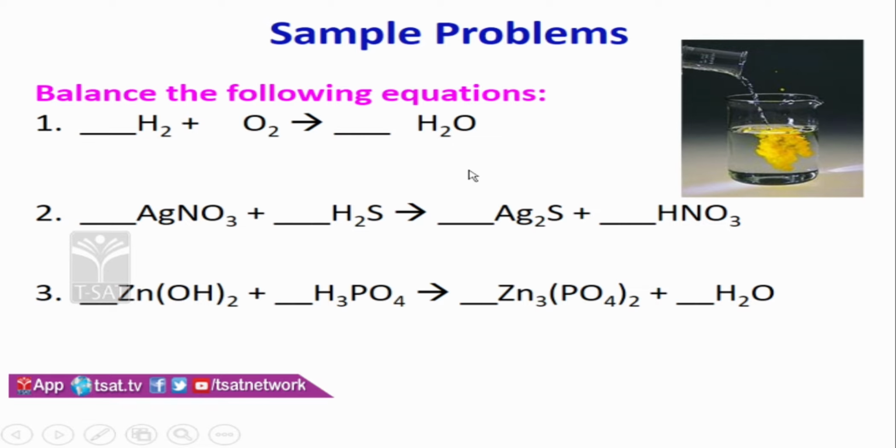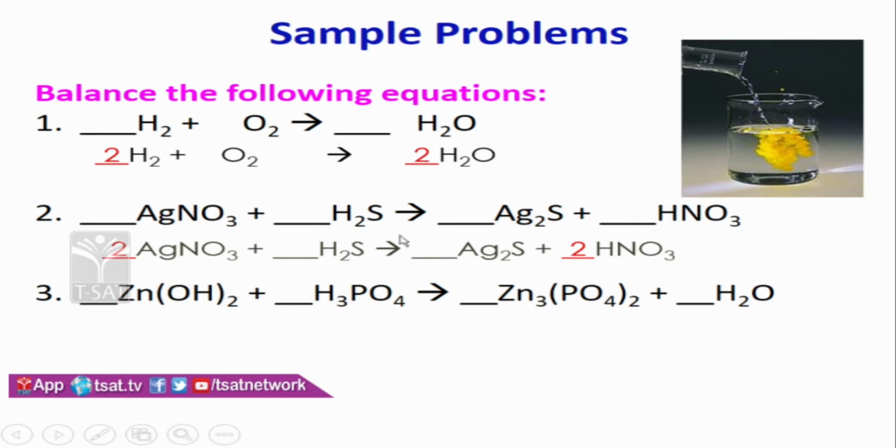Now, some other examples. Hydrogen combines with oxygen to form water molecules. So, this is the solution for that equation. In the questions, this skeletal equation will be given. You are supposed to write the coefficients.